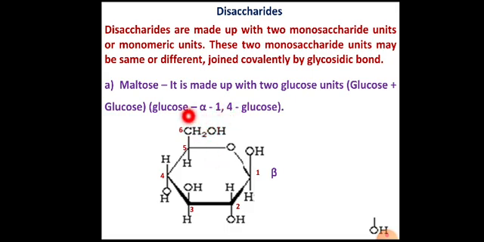So here the first carbon in alpha conformation and the fourth carbon from the other glucose molecule, these first and fourth are involved in the formation of the glycosidic bond, and therefore it is called alpha 1,4.